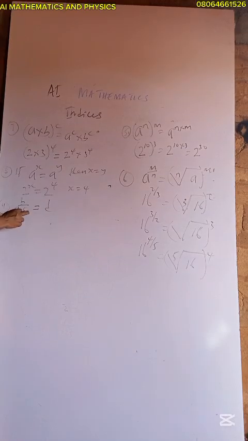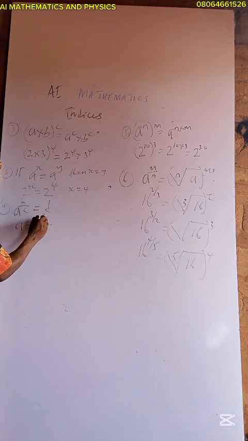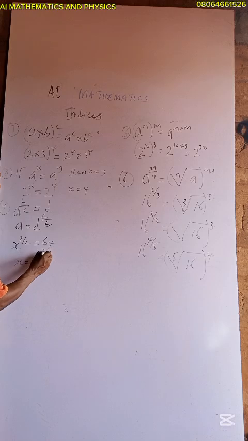If A raised power B over C equal to D, which means our A will be equal to D raised power C over B. You know, the inverse of it. Which means if you have X raised power 3 over 2 equal to 64, our X will now be equal to 64 raised power 2 over 3.